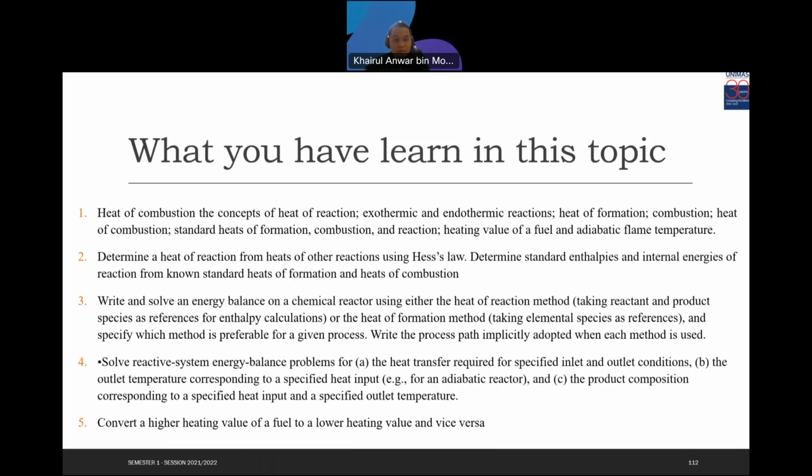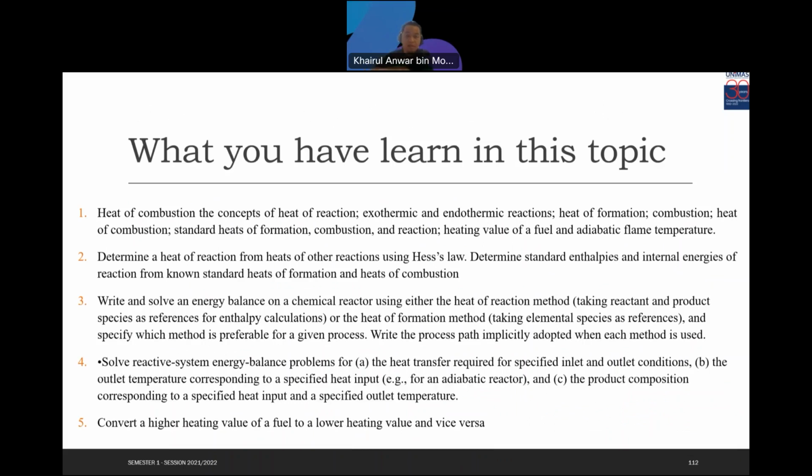Thank you. So what we have learned in this topic: heat of formation, the concept of heat of reaction, exothermic and endothermic reactions, heat of formation, combustion, heat of combustion, standard heat of formation, combustion and reaction, heating value of a fuel and adiabatic flame temperature. Determine the heat of reaction from heats of other reactions using Hess's law.